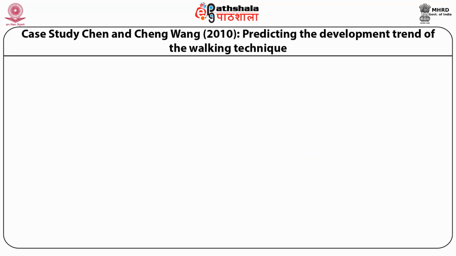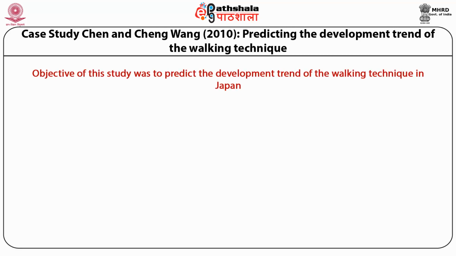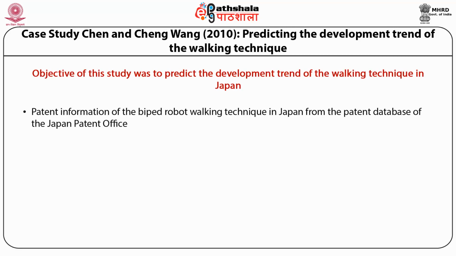This is a case study predicting the development trend of the walking technique through artificial methods. The objective of the study was to predict the development trend of the walking technique in Japan. Patent information of the biped robot walking technique in Japan from the patent database of the Japanese Patent Office was used to predict this trend.